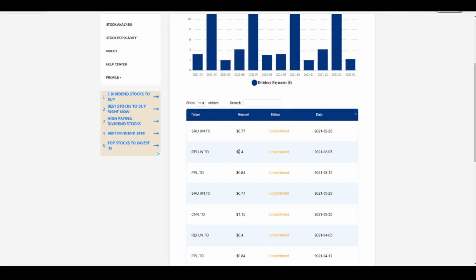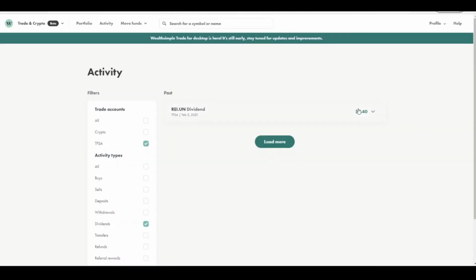But the amount that RioCan is showing for the month of March is exactly the same amount that they paid me for February. Which means that I can trust the details on this website. So that's a good way to track the dividends if you don't want to create your own spreadsheet or monitor the website of each stock individually.